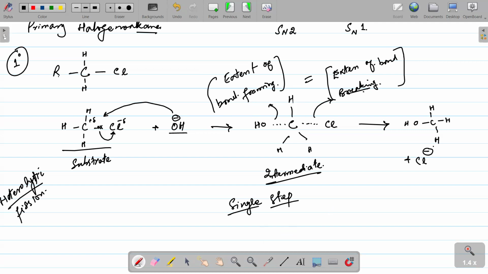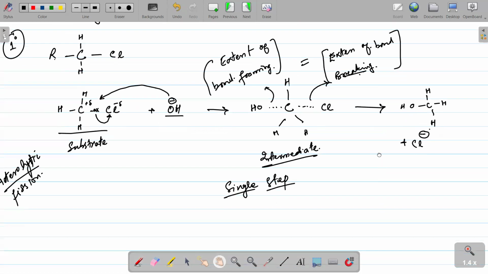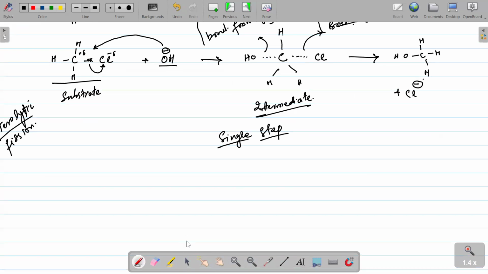Even if I represent this type of reaction with an energy profile diagram, it will be like this. Let's say it's an exothermic reaction, so the reactants are here, the products here, and that is the point where we have the intermediate.